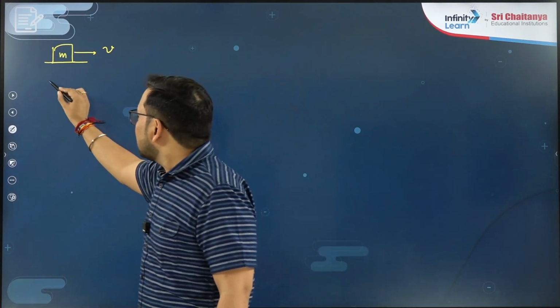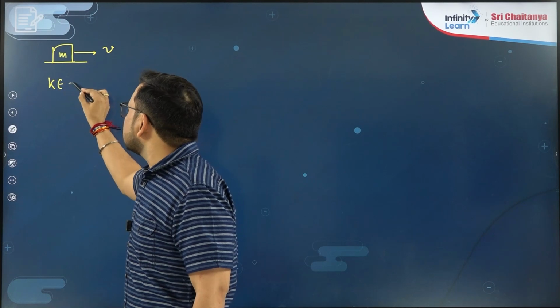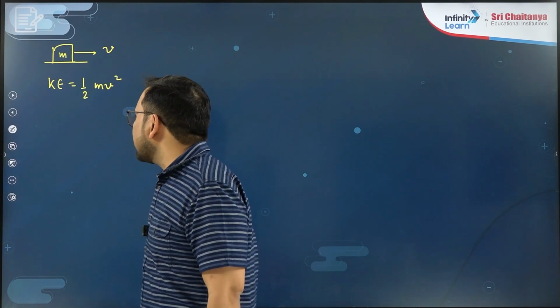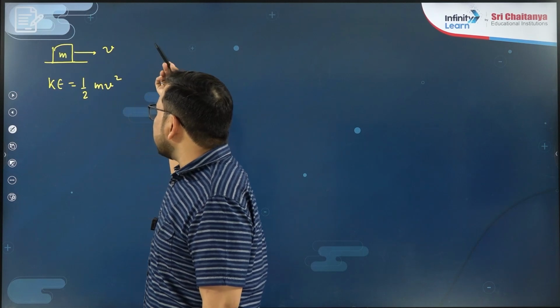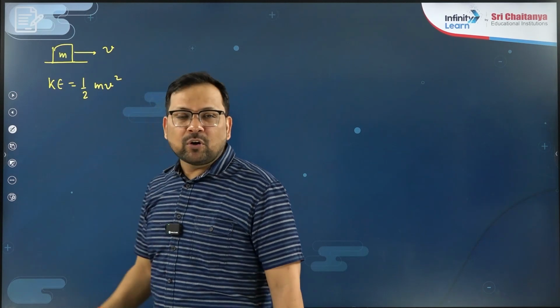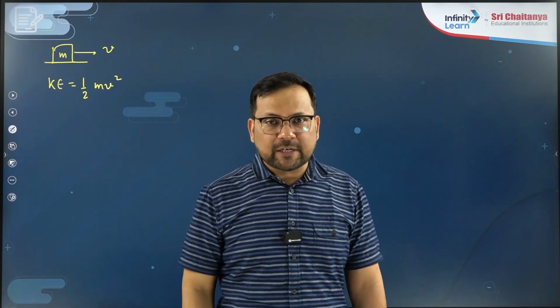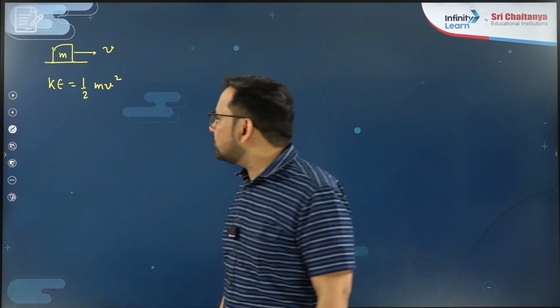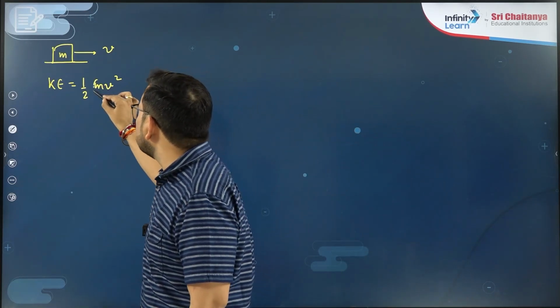If I ask you what is the kinetic energy of it, the answer will be kinetic energy is half mv square, that is the kinetic energy. Now if speed changes, kinetic energy will also change, or if mass changes, kinetic energy will change, or if both change, but here I am taking a constant mass system, so we will consider the change of speed only.